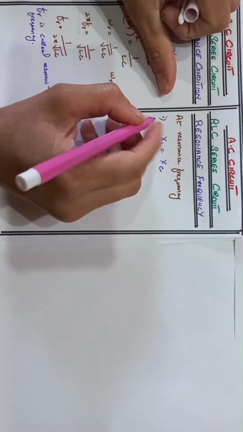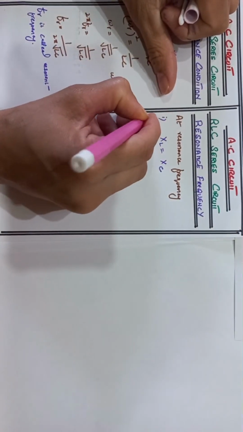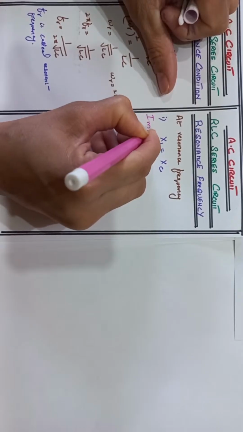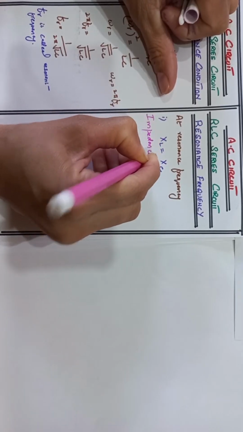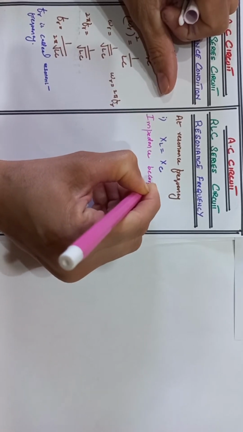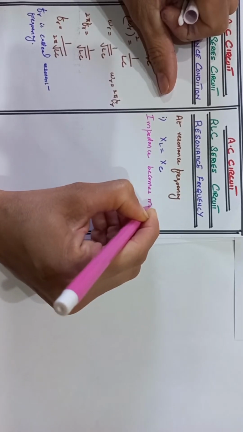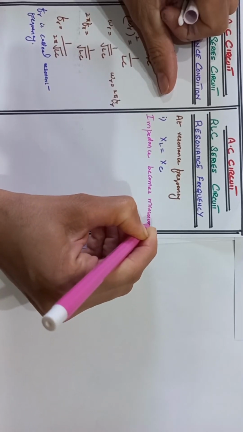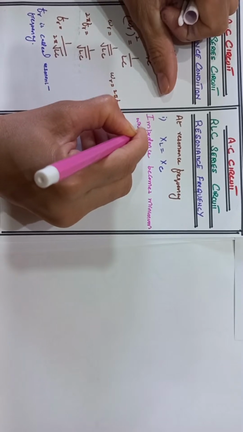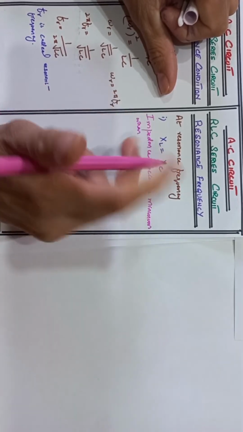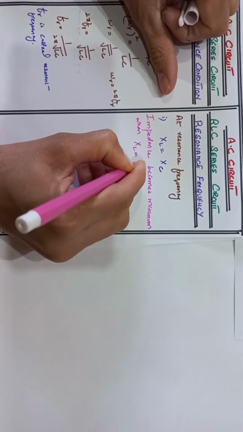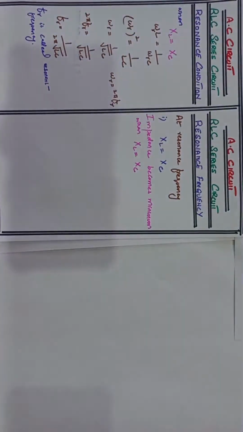So here we write that impedance becomes minimum when XL is equal to XC, inductive reactance is equal to the capacitive reactance.